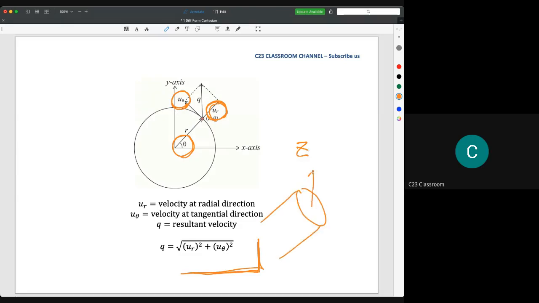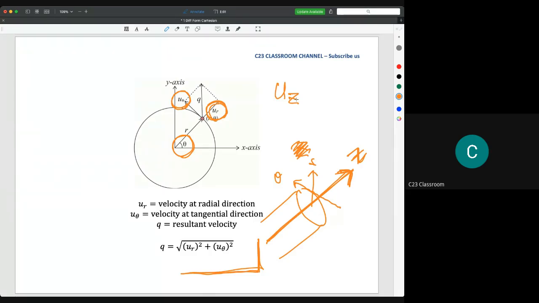This is the value of the radius, this is the direction of theta, and this line shows us the value of Z, meaning the Z axis. The velocity in Z can be written as U_z. It just shows the velocity component along the Z axis.